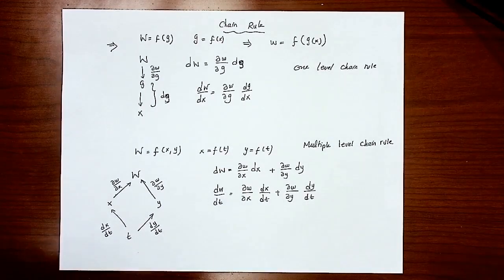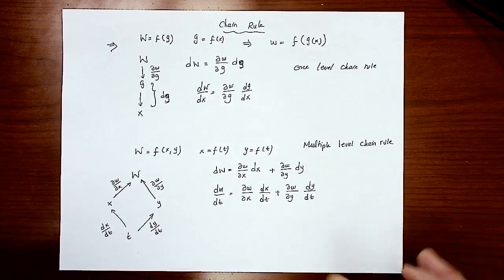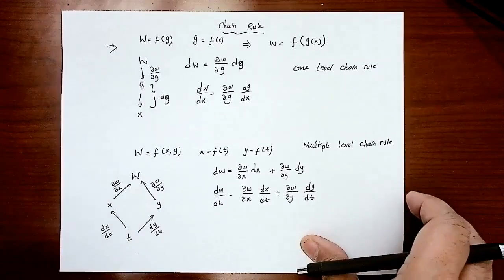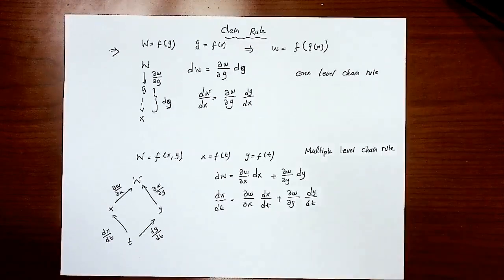So you remember when we talked about the Lagrangian and the Eulerian approach to describe the fluid flow, we said in the Lagrangian that velocity will be a function of x, y, z, and t, but also each x, y, and z component will also be a function of time.